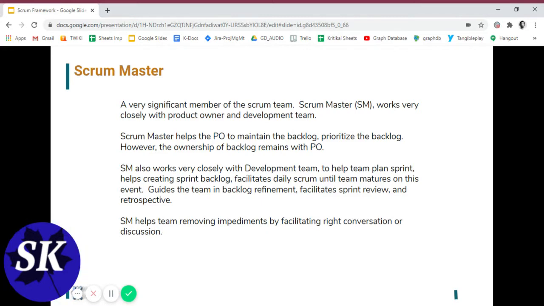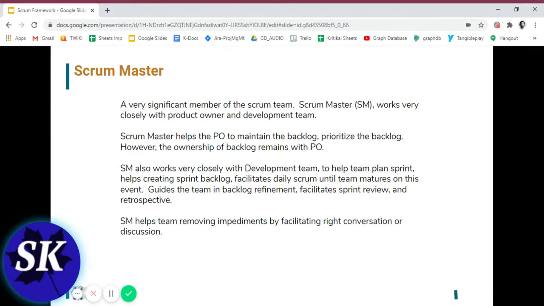Or what are the bottlenecks, impediments, or challenges that may pose a threat to the team goal. So it's about ensuring that this is happening and it is done in the right way. That's the role of the Scrum Master.